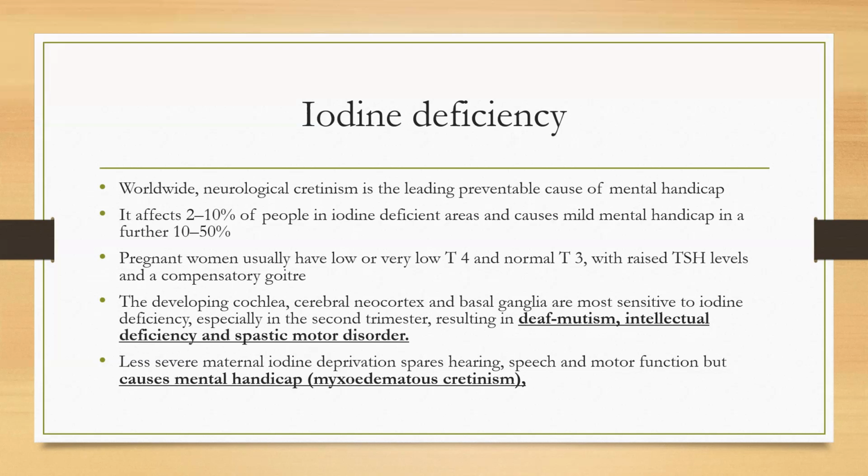Pregnant women usually have low or very low T4 and normal T3 with raised TSH levels and a compensatory goiter. The developing cochlea, cerebral neocortex, and basal ganglia are more sensitive to iodine deficiency, especially in the second trimester, resulting in deaf mutism, intellectual deficiency, and spastic motor disorders. So if there's iodine deficiency, the baby's hearing will also be affected, and obviously then the baby is not hearing and will be mute because of that.